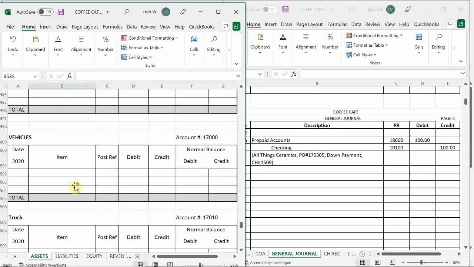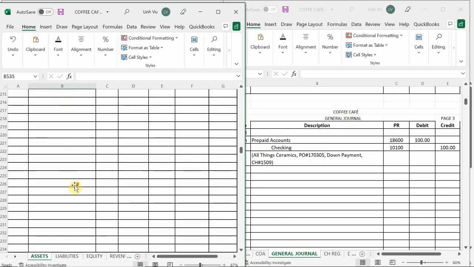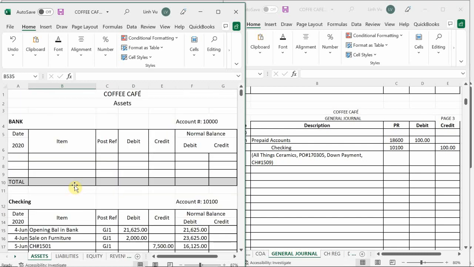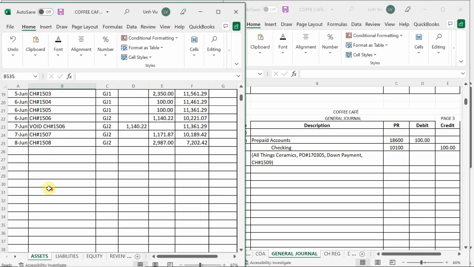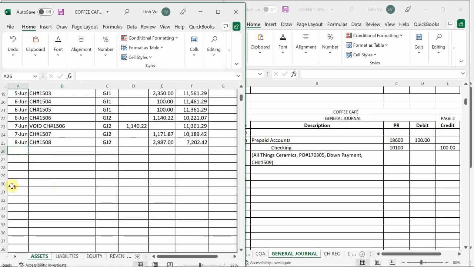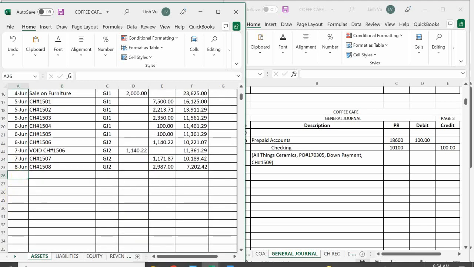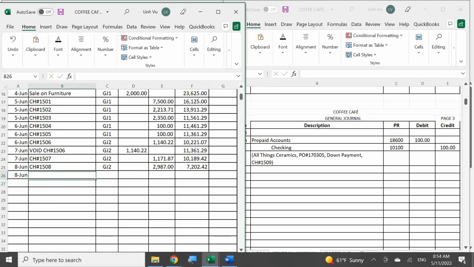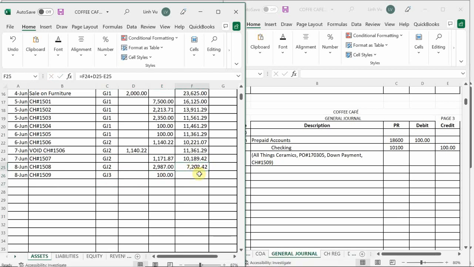And now I need to update my checking account because I spent money. I paid somebody. So I need to credit $100 because I spent money.